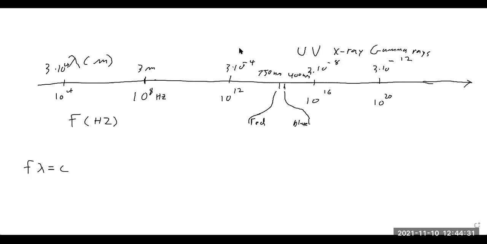On the other side of what we can see, there's infrared, then microwaves, something a microwave oven would use or radar would use, and then radio waves.